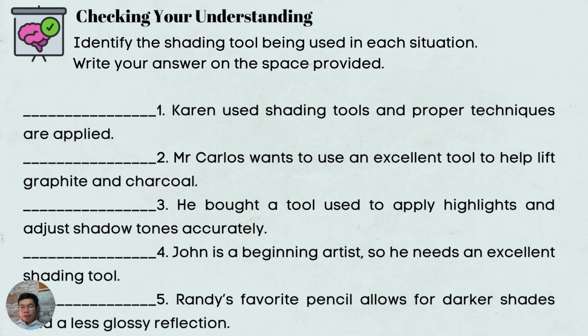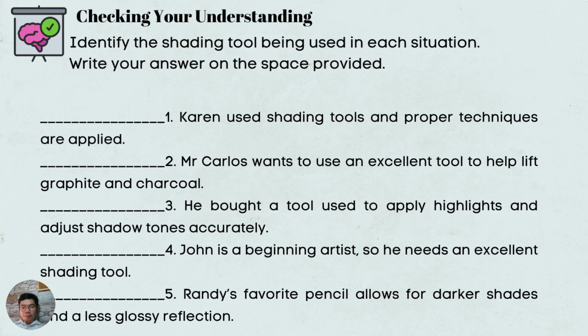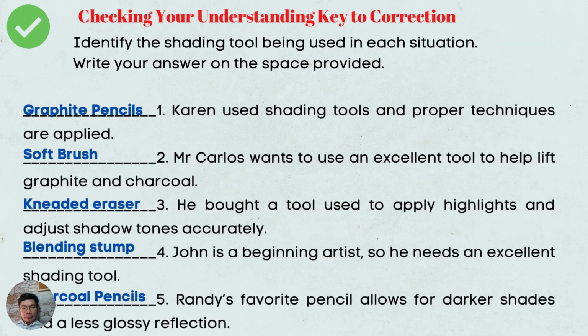Are you done? Let us now check your work. Number 1 is graphite pencils. It is used when shading tools and proper techniques are applied. So 2 is a soft brush, if you want to use an excellent tool to help lift graphite and charcoal. 3, kneaded eraser, a tool used to apply highlights and adjust shadow tones accurately.